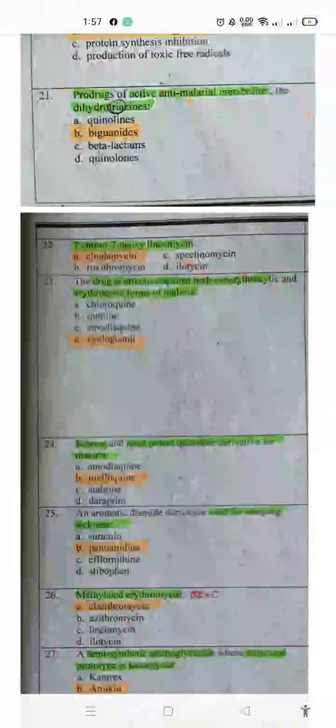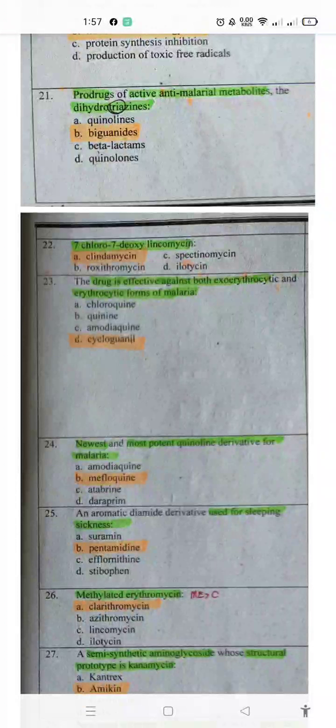Its principal use is for the treatment of pneumonia caused by Pneumocystis carinii. And also, it is used for the treatment of African sleeping sickness in specific.